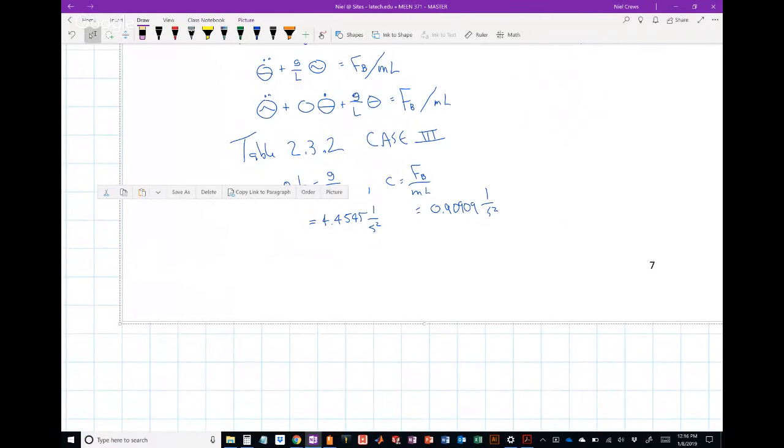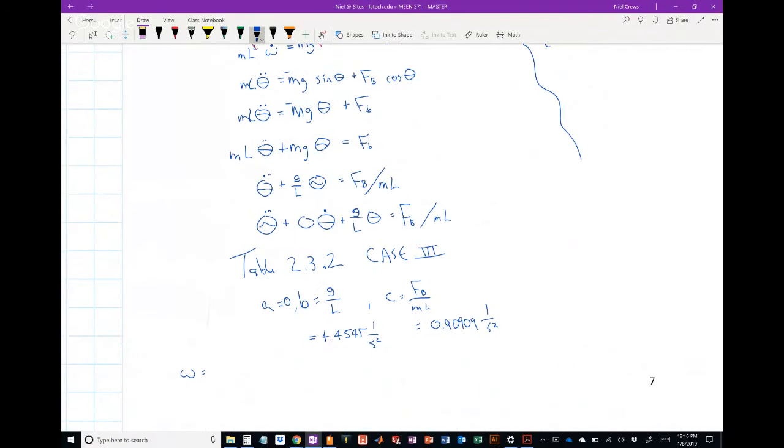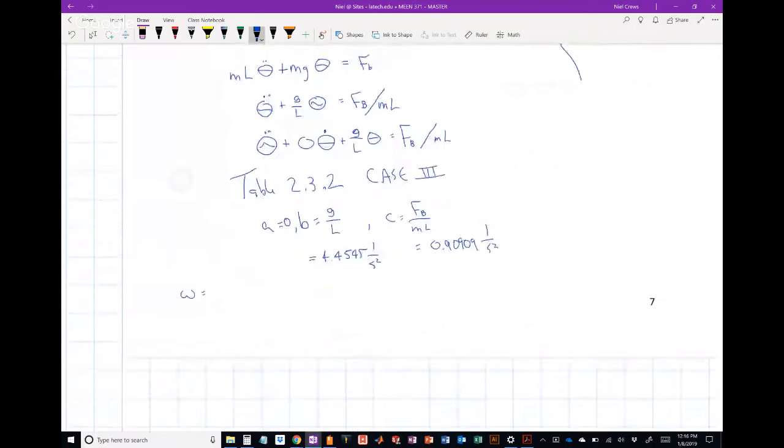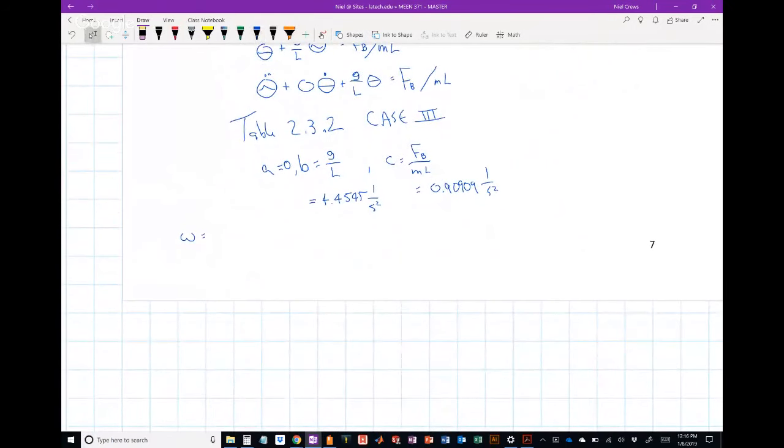From the table, we can say that our radian frequency, which is this lagniappe here, is going to be the square root of B, which is the square root of g over L. So our omega here is 2.111 radians per second, right? Okay, that's one of the things that you're going to need.